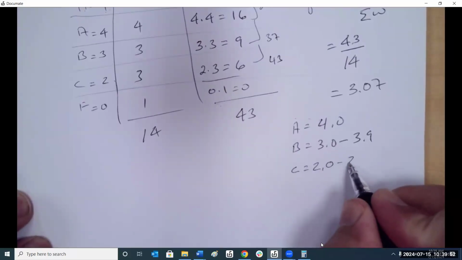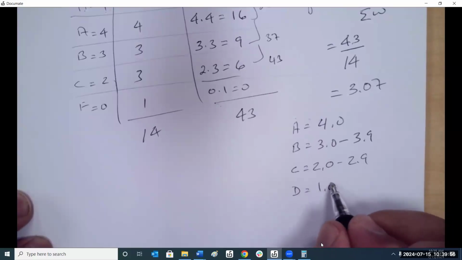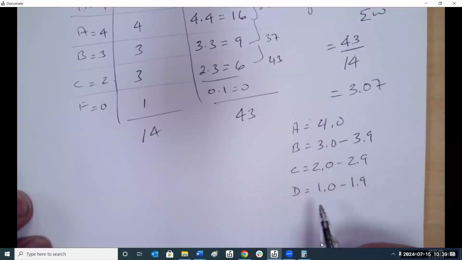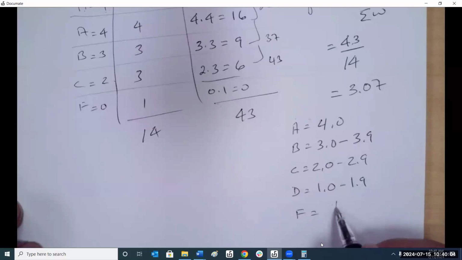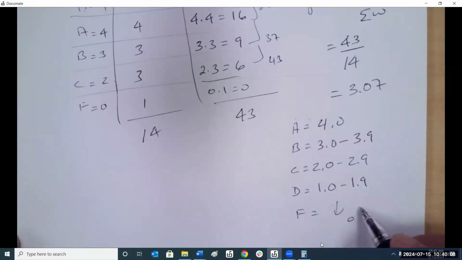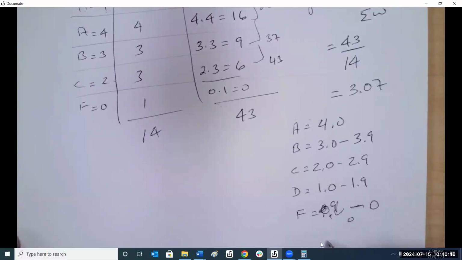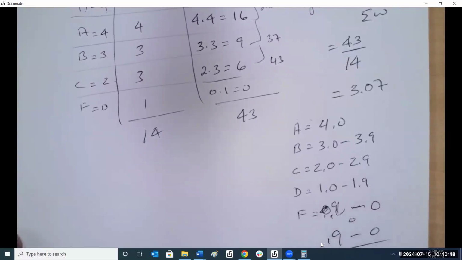C is 2.0 to 2.9. D is 1.0 to 1.9. And F is anything below 1.0, 0.9 to 0. That's an F.